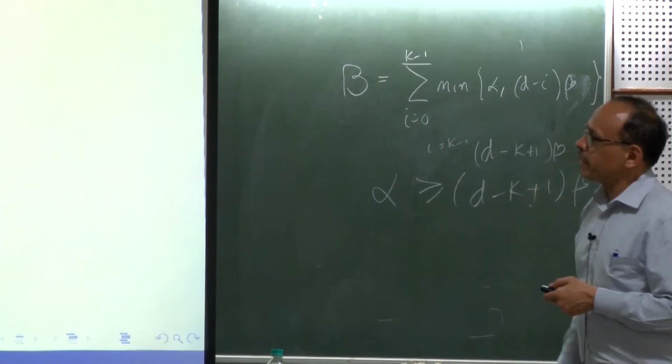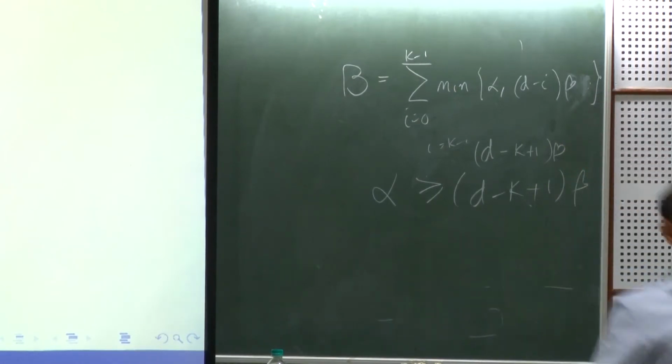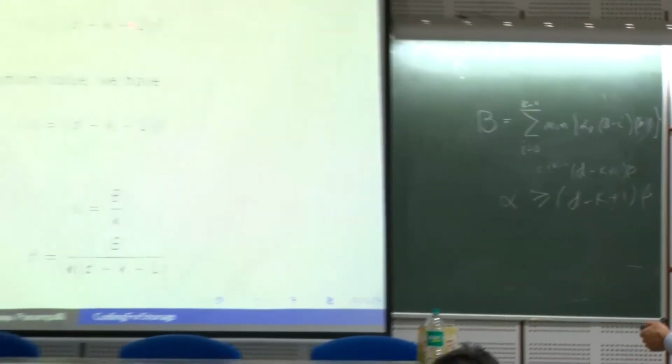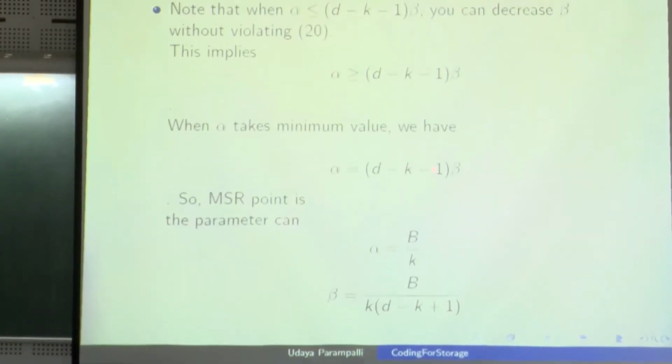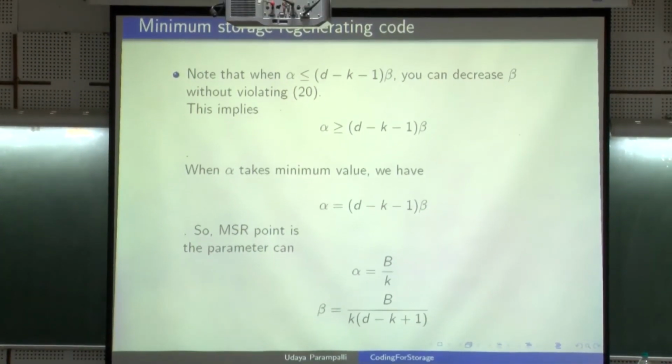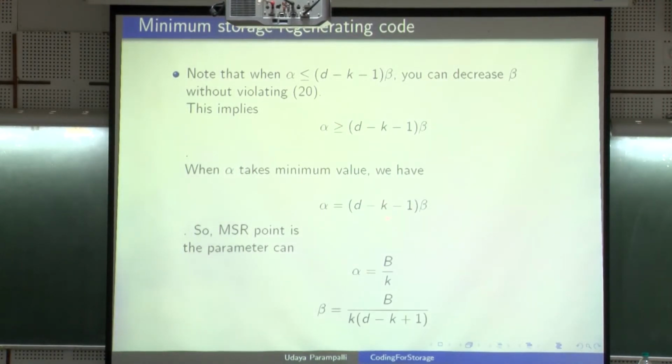Yes, while copying I made a mistake, so sorry: it has to be plus here. So when alpha takes its minimum value, this should be plus. Please change it everywhere.